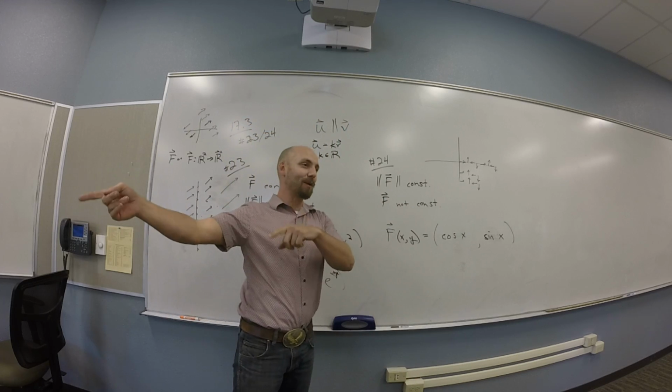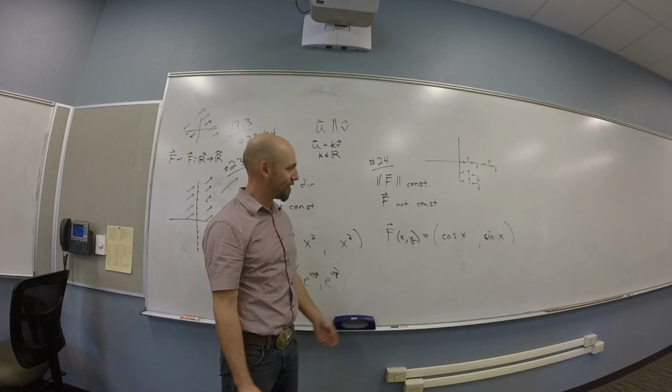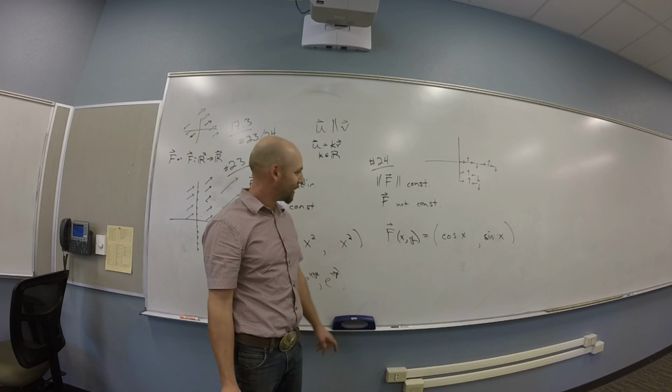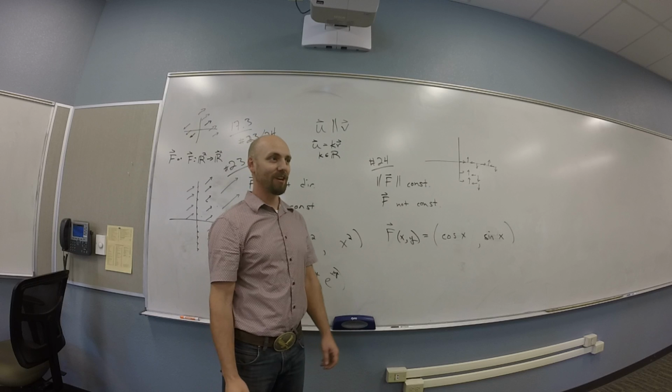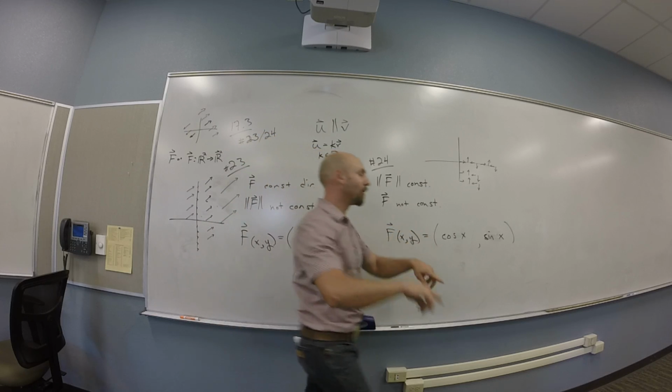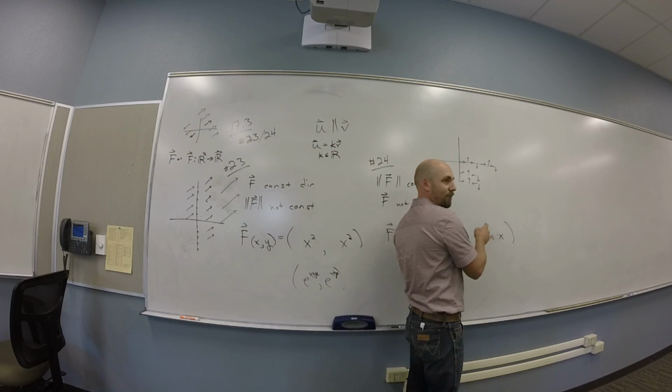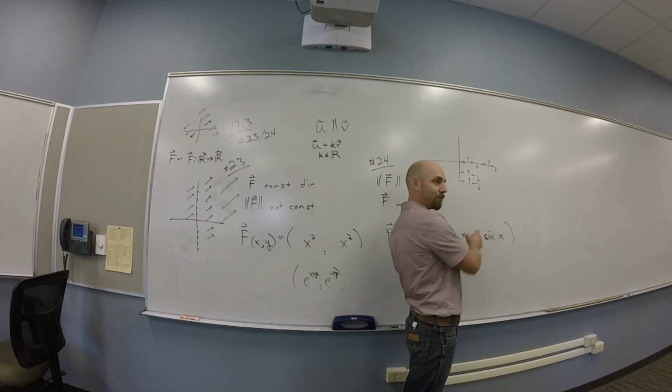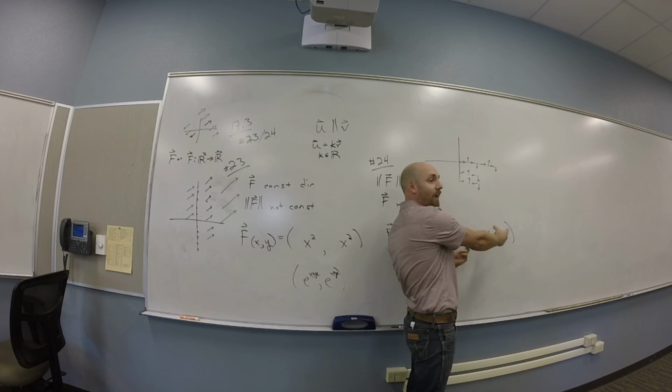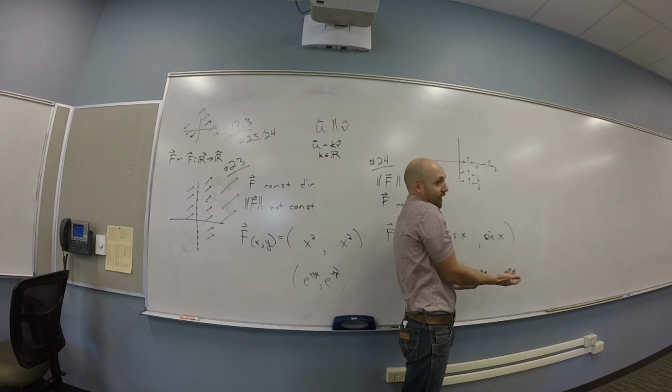I think Wesley's was probably a good example, and this thing is a strange example that's also good. You can do this with y's too. The important thing is that you always have cosine of something comma sine of the same thing. So you could do this with even weirder things.